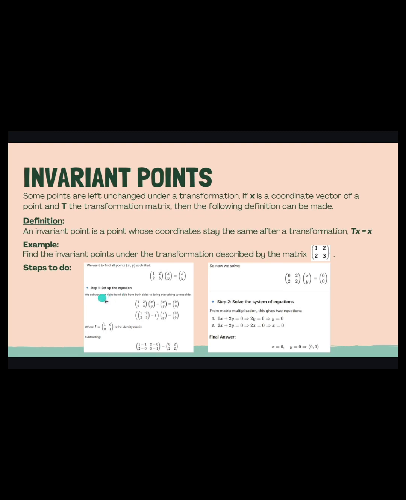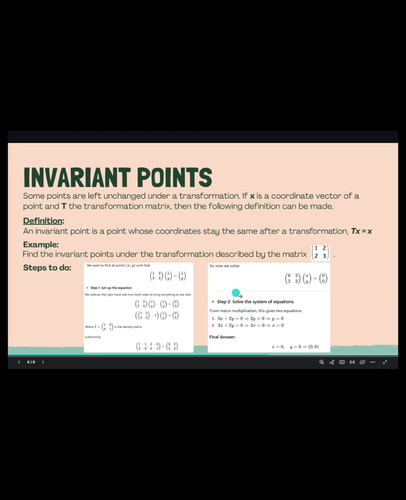Set up the equation, then subtract the right-hand side from both sides to bring everything to one side, where I, the matrix 1 0 0 1, is the identity matrix. Then you subtract and you get the matrix 0, 2, 2, 2.